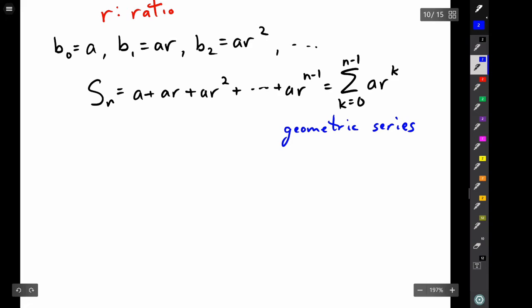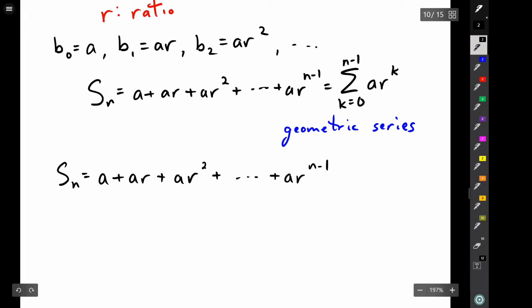So I'm going to show you a neat trick. Let me write down Sn: a plus ar plus ar squared plus up to ar to the n minus 1.